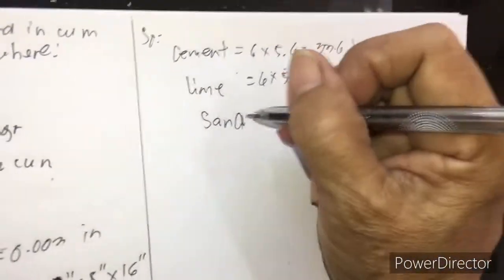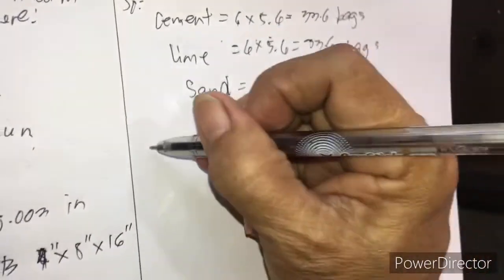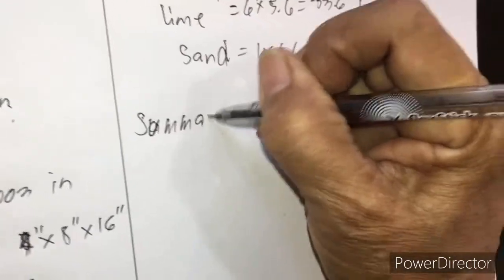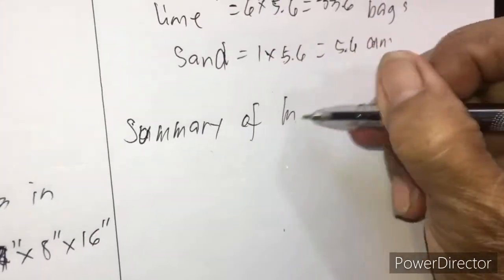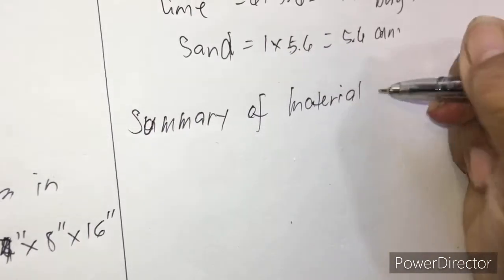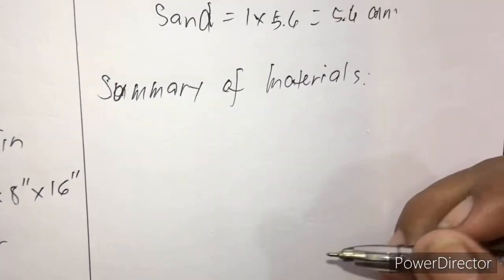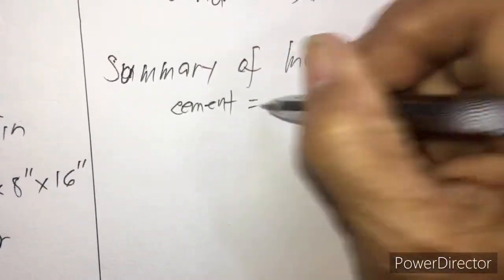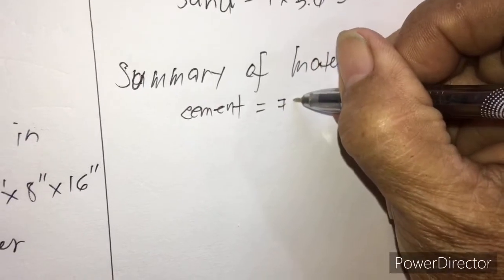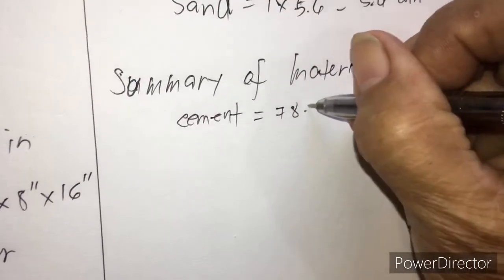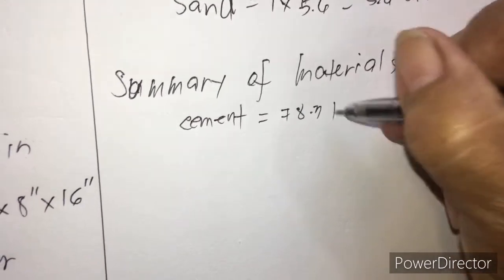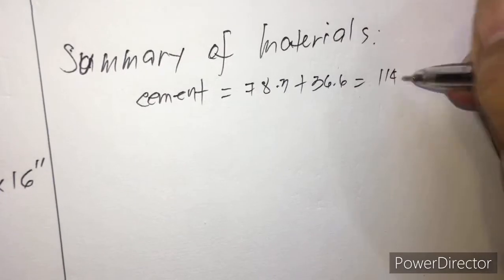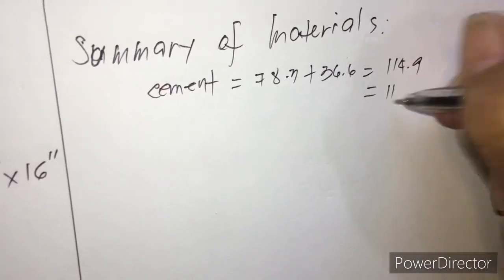Summary of materials. Then we summarize the materials. The cement equals the cement in mortar and filler plus the plaster, 36.6, equals 114.9 or equal 115 bags.